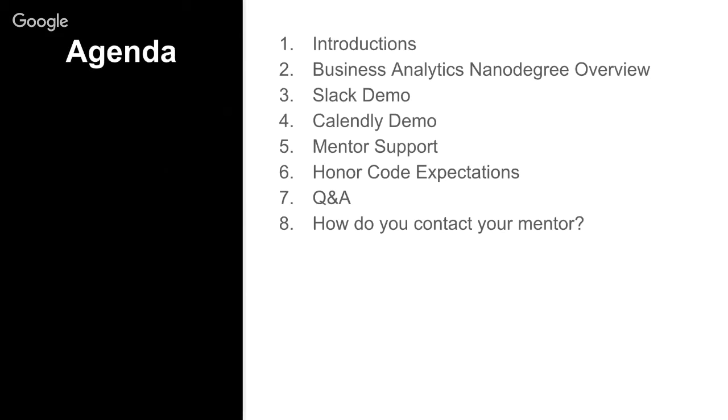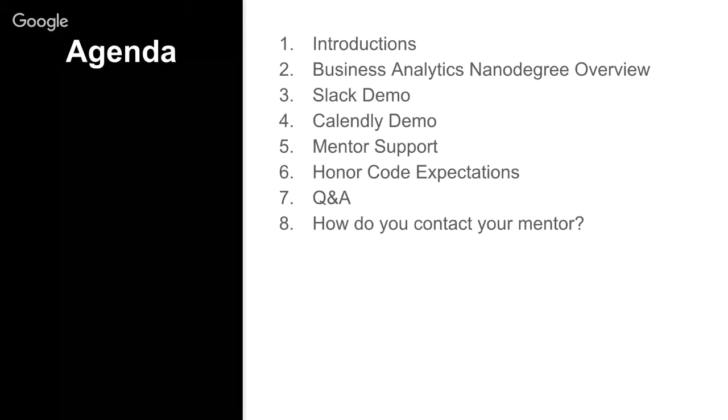And then I'll be giving a demo of Calendly, which is basically used for booking a slot with the mentors for the one-on-one session. And then I'll be telling you about the supports provided to you from Udacity, like mentor support and other kinds of support which Udacity provides to all the nanodegree students.